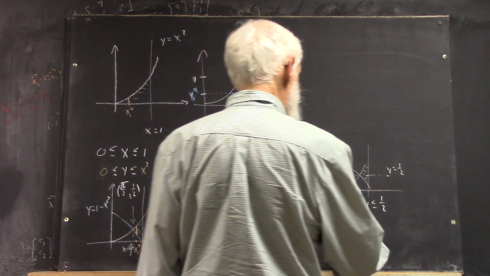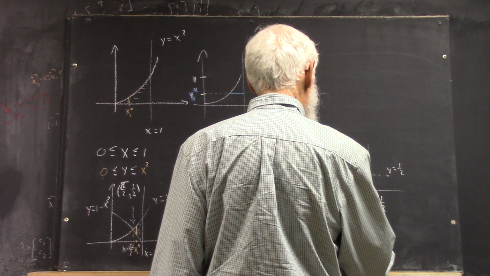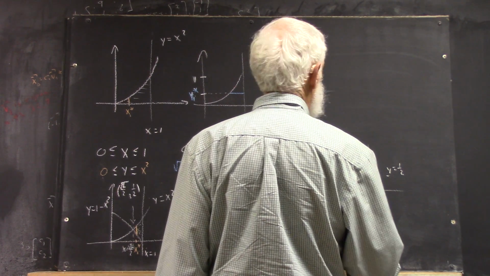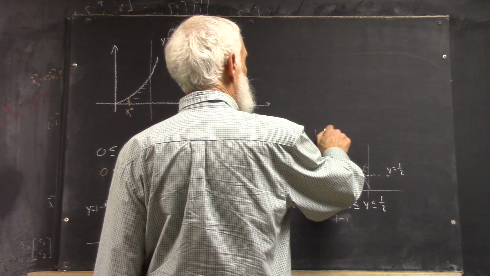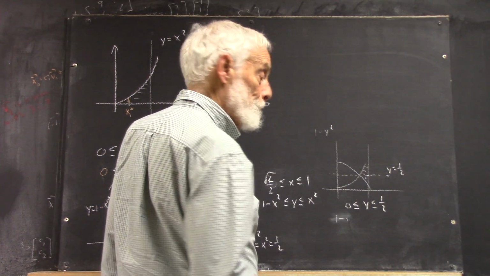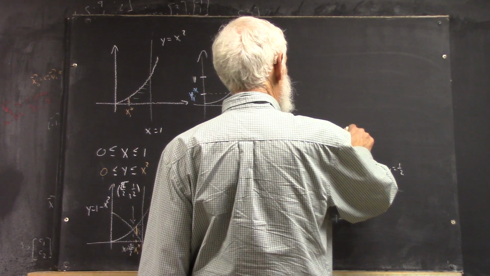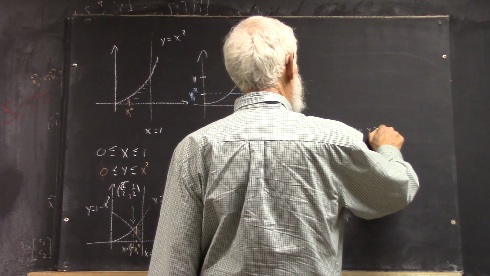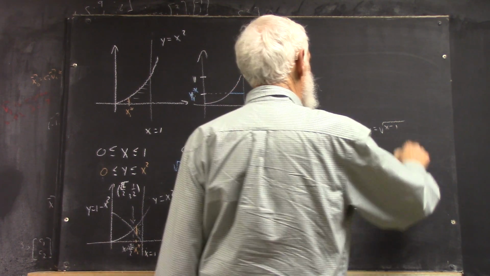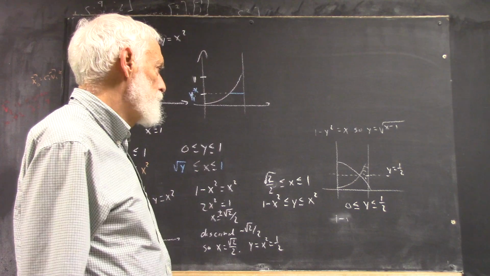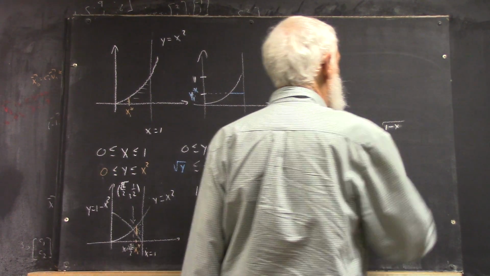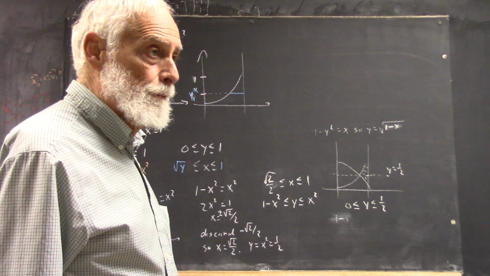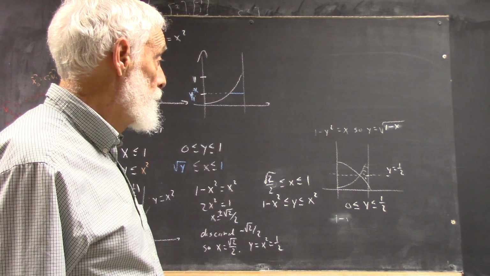And then x is going to go from 1 minus, okay. Here we have the 1 minus y squared function, right? So y is going to be the square root of 1 minus x, well, x minus 1. Okay? Wait, no. You got it backwards.